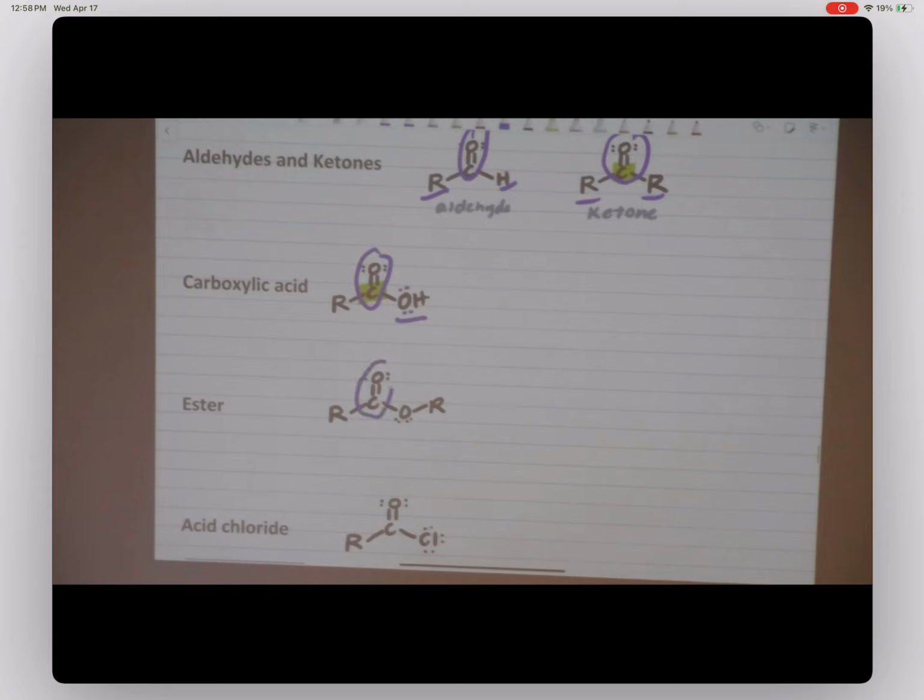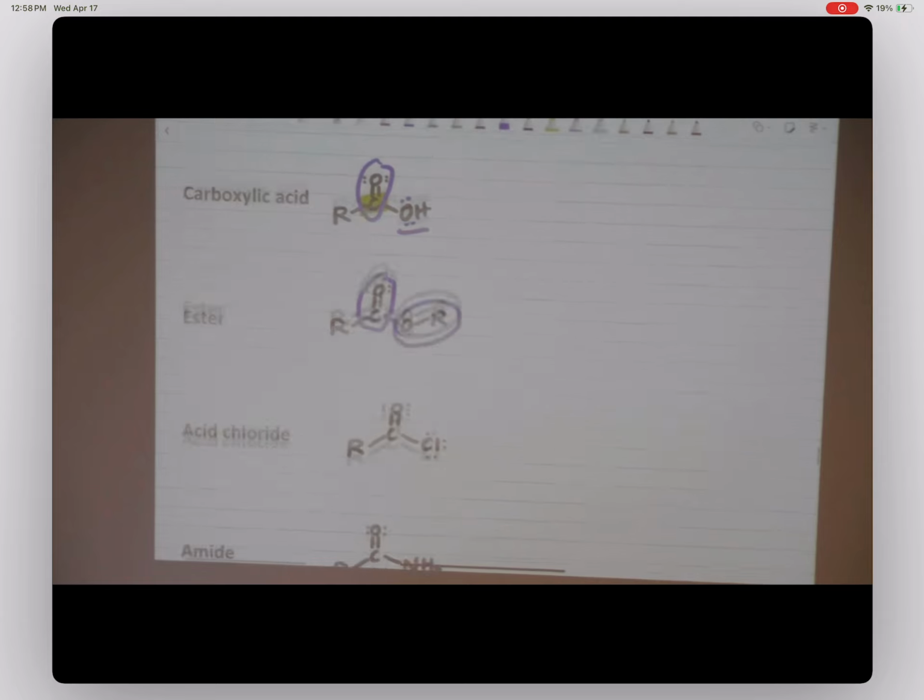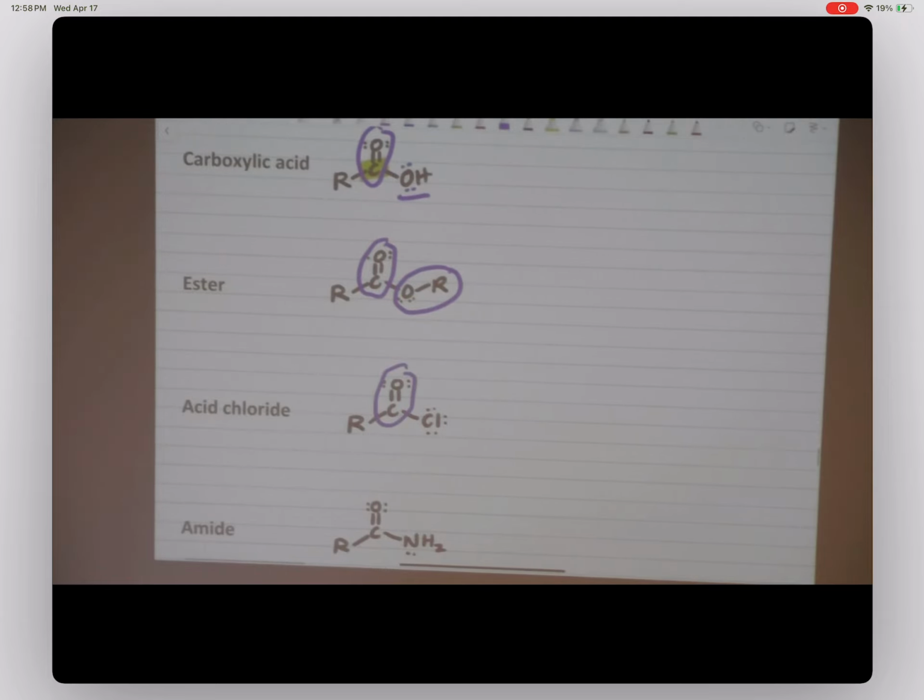If you have it bonded to an O that's in turn bonded to a carbon group rather than an OH, that's an ester. That distinction might look even more arbitrary, but it's actually not at all arbitrary, and we'll see why, just not right now. Carbonyl bonded to a chlorine is called an acid chloride.